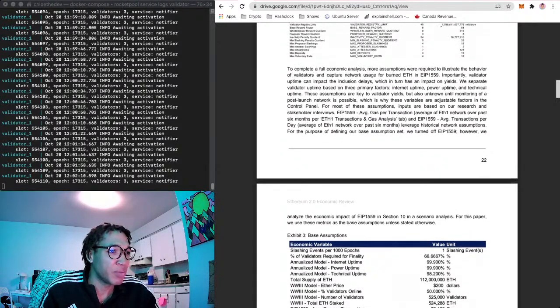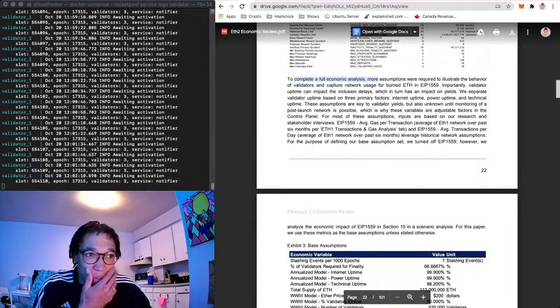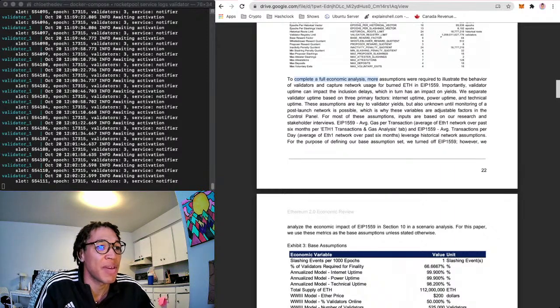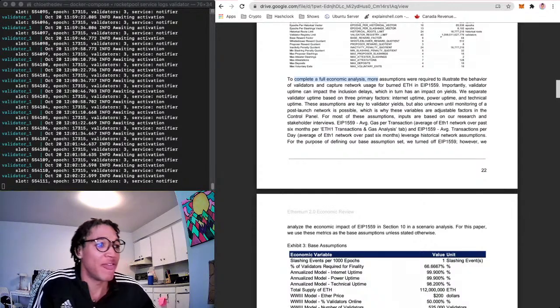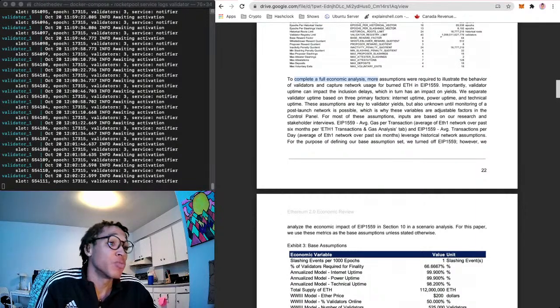Okay. To complete a full economic analysis, more assumptions were required to illustrate the behavior of validators and capture network usage for burned ETH in EIP 1559. Fair enough. Importantly, validator uptime can impact the inclusion delays, which in turn has an impact on yields.